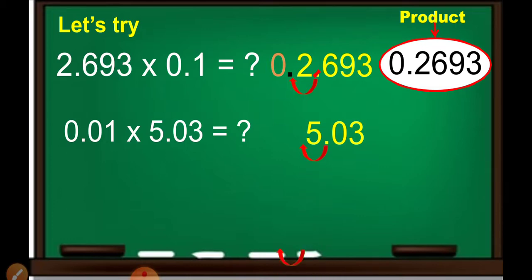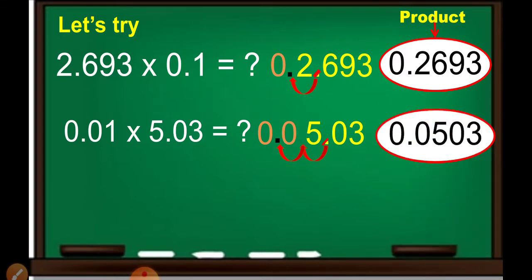So 1, 2, then annex 0, then transfer the decimal point and cancel the given decimal point. And again, don't forget to put 0 in the ones place. And the final answer is 0.0503 or 503 ten-thousandths. Next, another example.